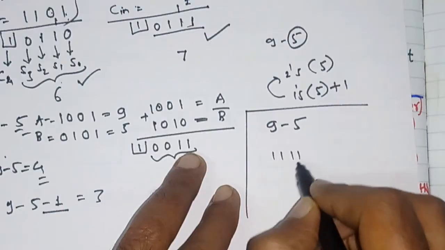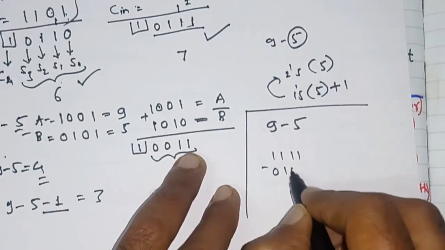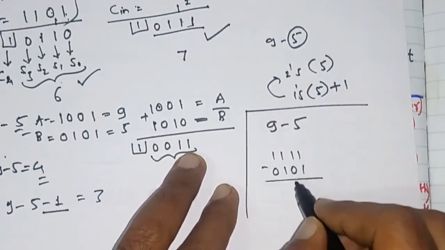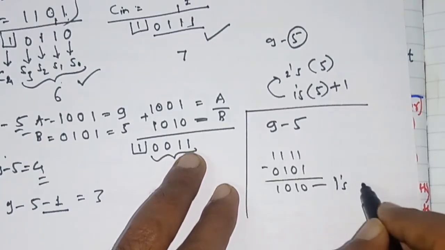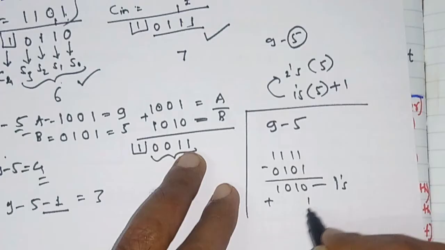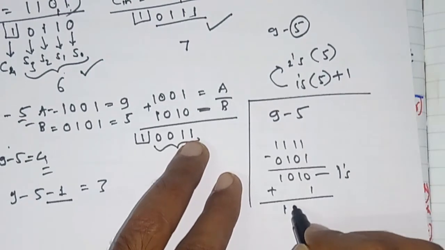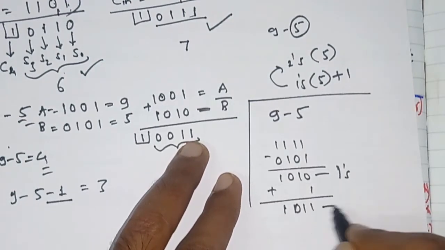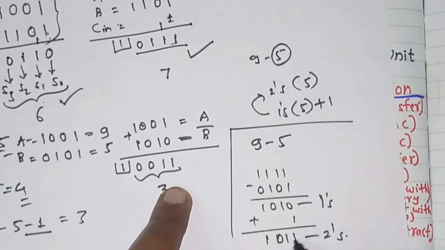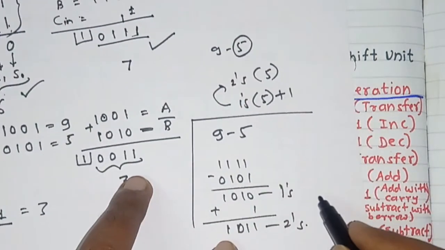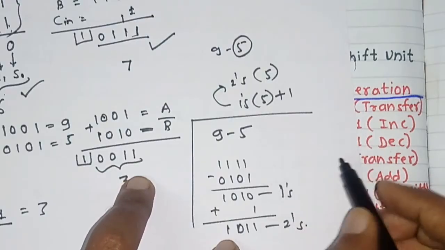So 1 1 1 1 minus 0 1 0 1 gives you 1 0 1 0 as the 1's complement, and if you add 1 to it, it will give you the 2's complement. This 2's complemented value should be added to 9, so that we get the subtraction result.